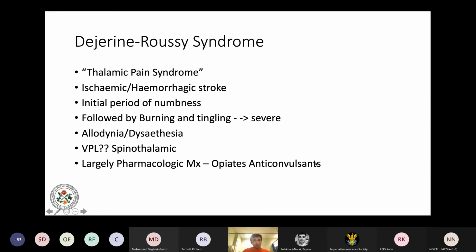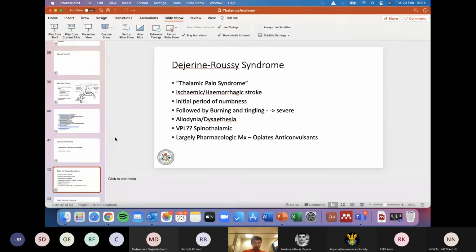New treatments are being tried in the form of neuromodulation, in the form of DBS, spinal cord stimulation, transcranial magnetic stimulation, as well as transcranial direct current stimulation. Importantly, it causes both these things, so allodynia and dysesthesia. So allodynia is finding things painful which you normally wouldn't find painful. Let me clarify whether that's what I meant.